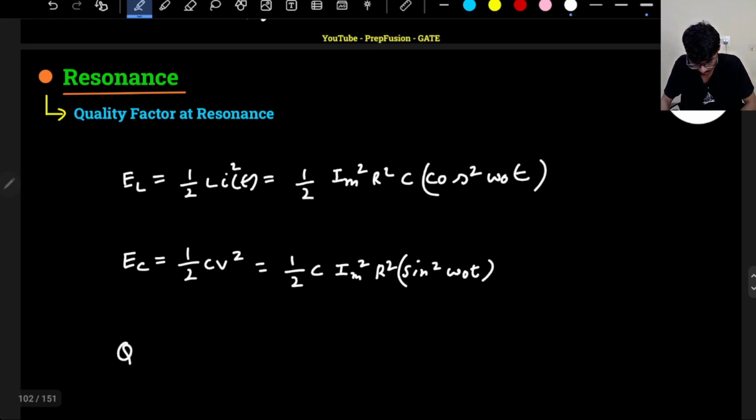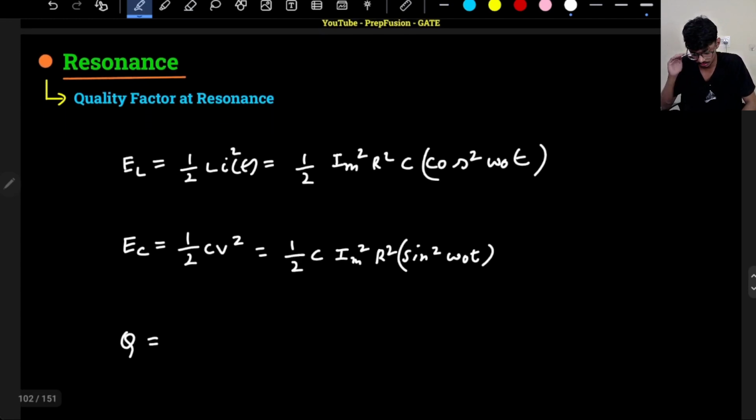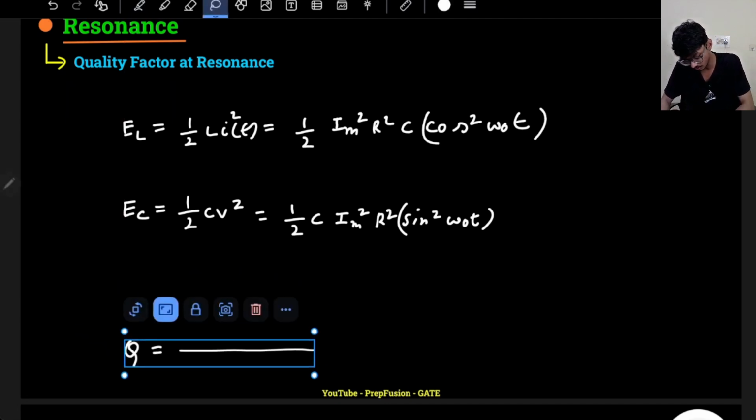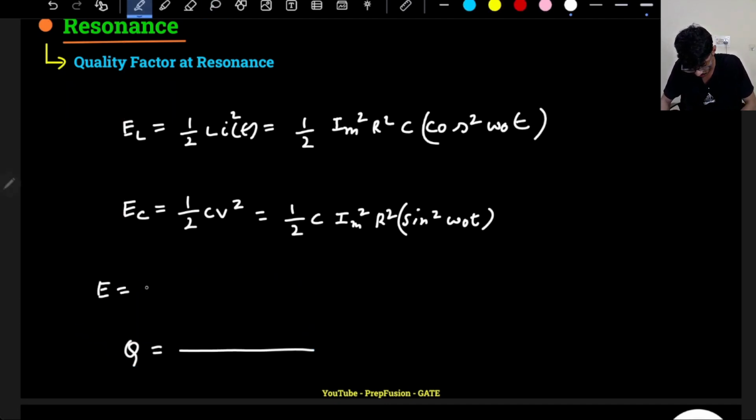So what is the quality factor? Quality factor will be basically the energy stored by the energy loss, over a cycle. Now what is the overall energy stored? Overall energy stored is E stored, because both capacitor and inductor are storing some energy at a particular instant. It will be EL plus EC.